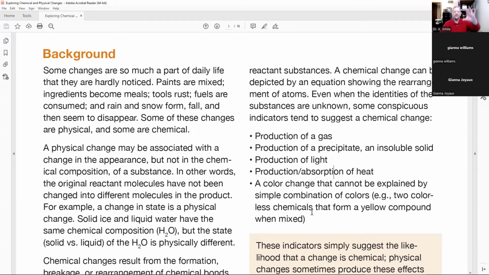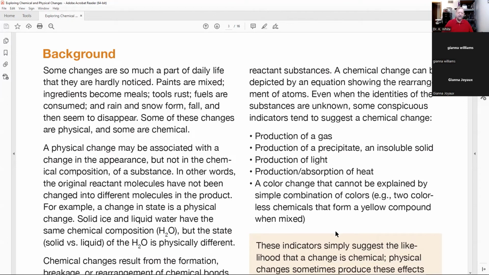But if you have two things that are clear, and you mix them together and it turns red or blue or green or yellow, that color change means you had a chemical reaction. So if you mix clear things together and you have a major chemical color change, then guess what? Chemical reaction. Now, if you mix two colors together, it either gets lighter or it changes color because mixing two colors will form that. That's not.